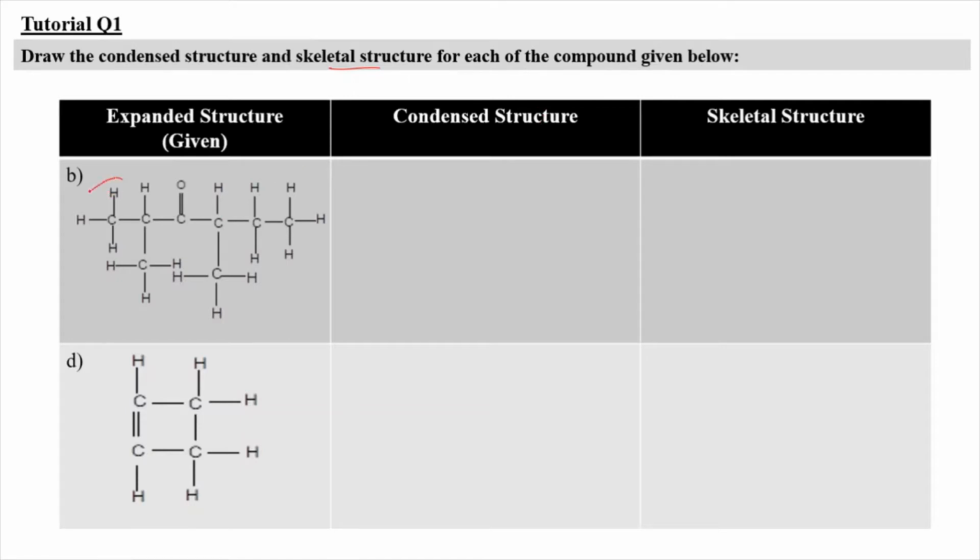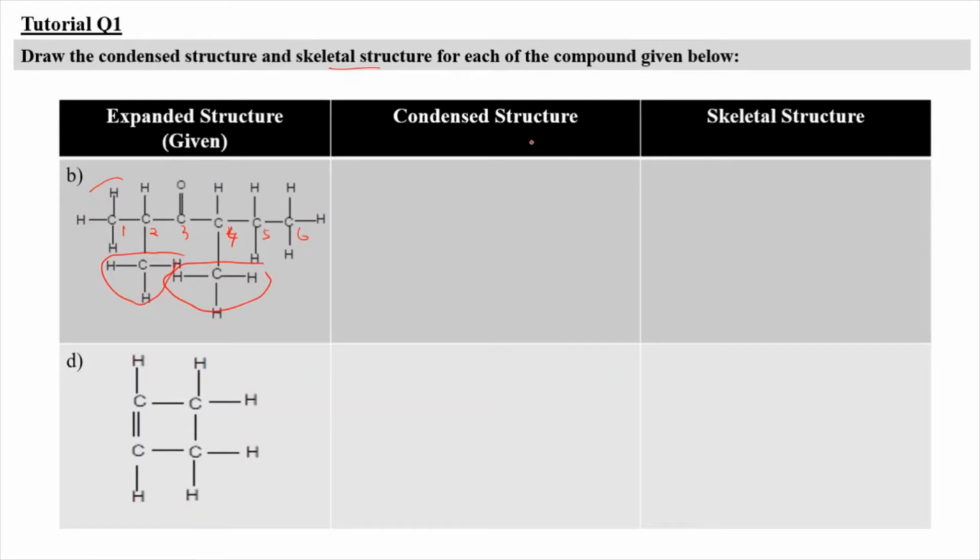So we know that it starts with CH3, CH, C-double-bond-O, CH, and CH2, CH3. The carbons are numbered 1, 2, 3, 4, 5, 6. Carbon number 2 will be attached with CH3, and carbon number 4 will also be attached with CH3.